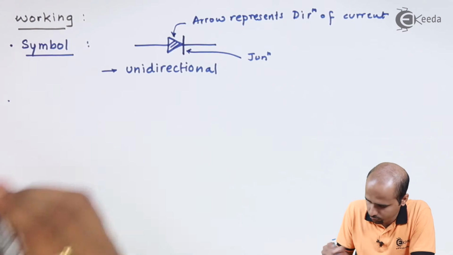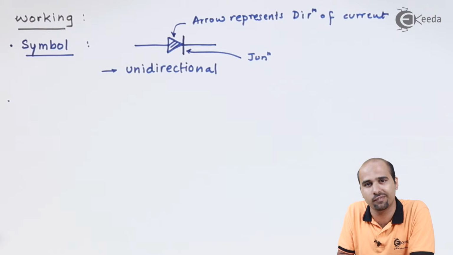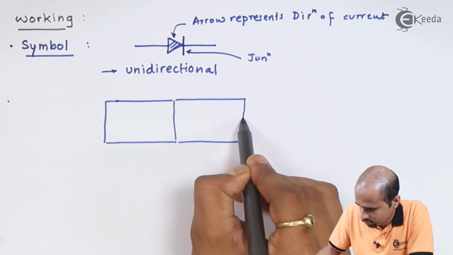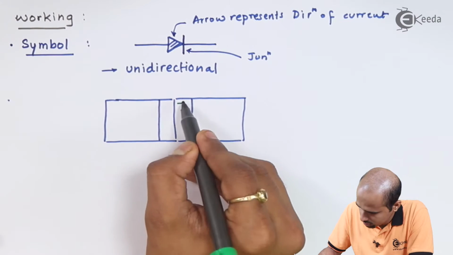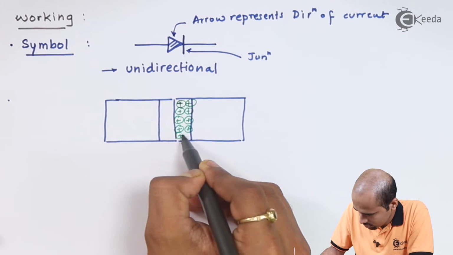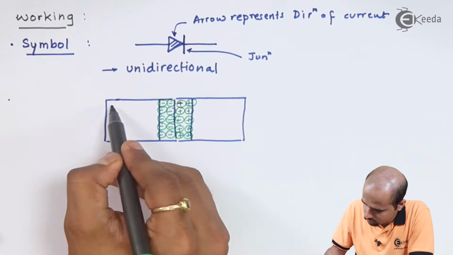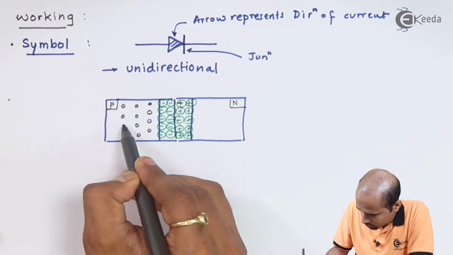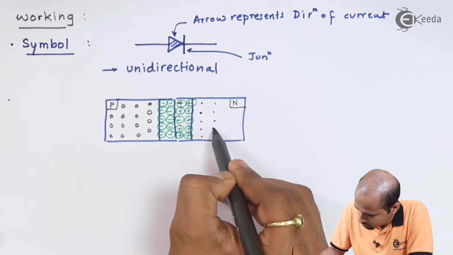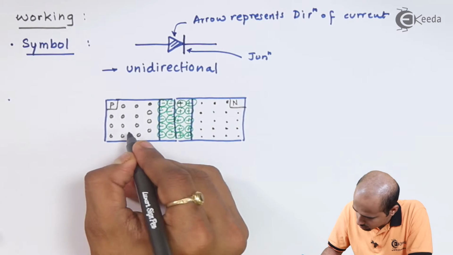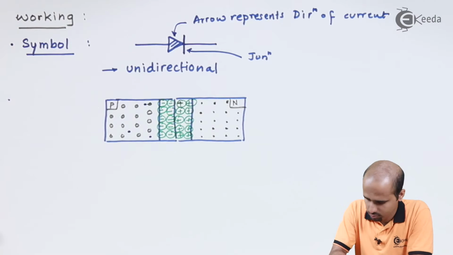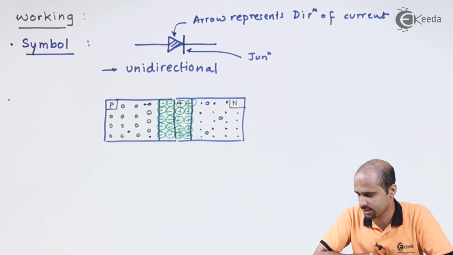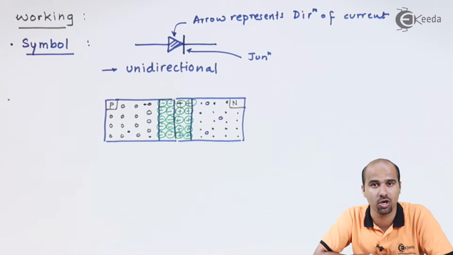So let us move towards the process of working. So this is how the diode is formed after the process of diffusion.